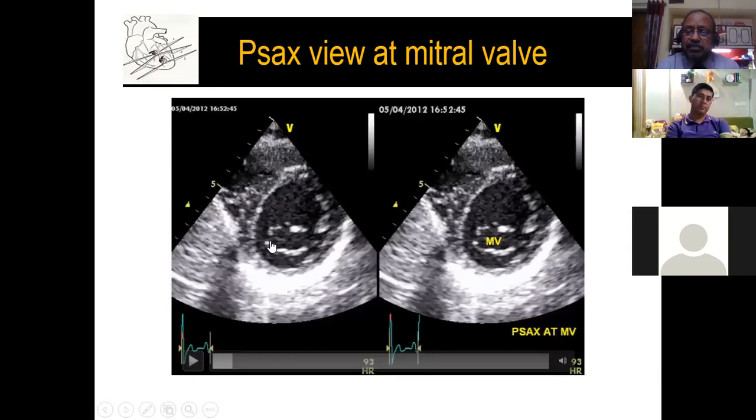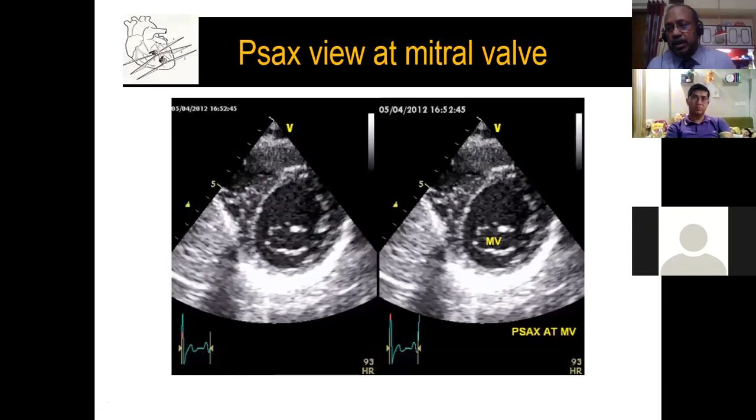If they're not calcified, only then do we do commissurotomy by balloon. Those who are already doing it understand that we don't split the mitral valve, we split the commissures of the mitral valve. If they're not calcified, our results are very good. If they are calcified, our results are horrible.